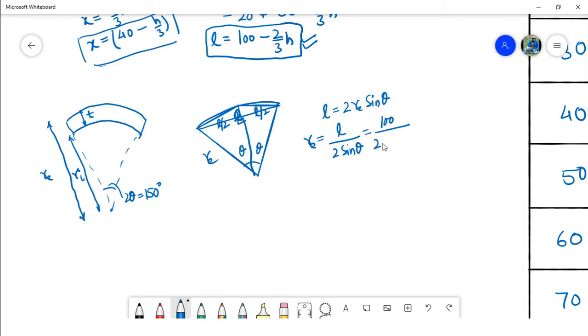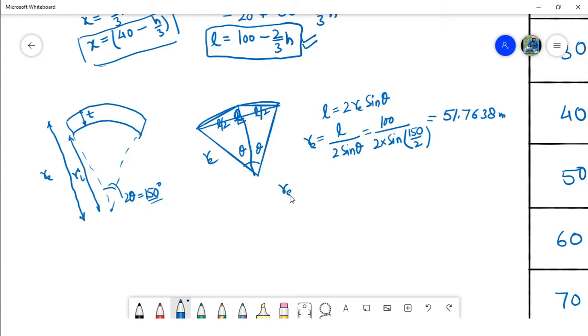2 into sine, and this will be 150 by 2, because the central angle 2 theta is 150, so theta will be 150 by 2. This is coming out to be 51.7638 meter.